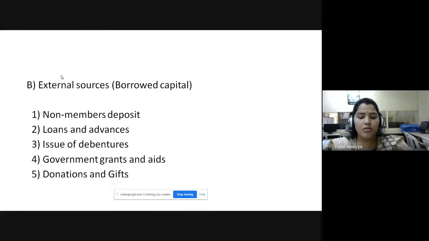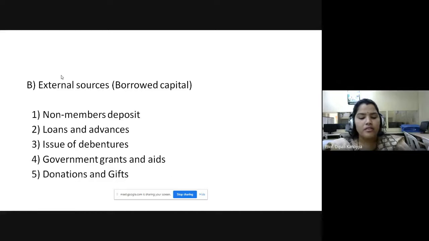The society accepts deposits from non-members at a specified rate of interest. On that, the society accepts deposits from the public, and that deposit is kept with the society for at least 1 to 10 years.